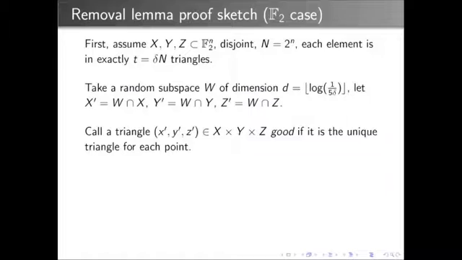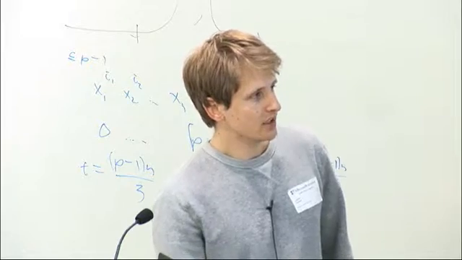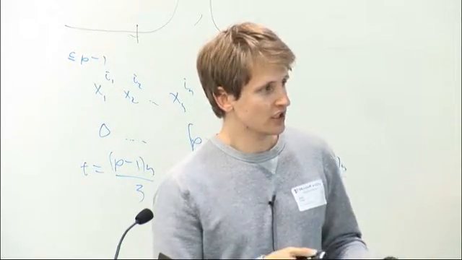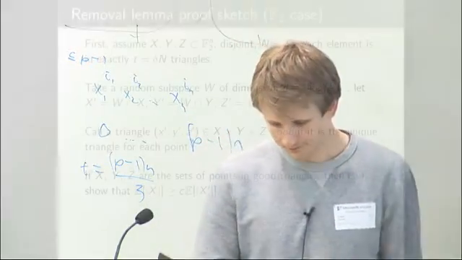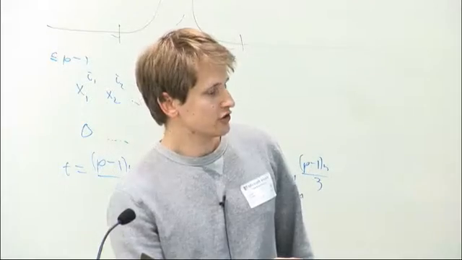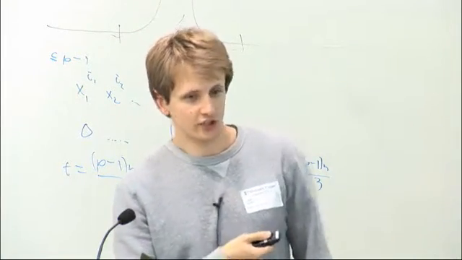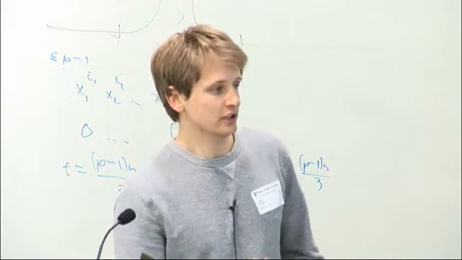And now we call the triangle good. I'm sorry, that should be x prime, y prime, z prime. If it is the unique triangle once we intersect with this subspace for each of these 3 points. And now we further define x tilde, y tilde, z tilde as subsets of x prime, y prime, z prime, the set of points that are in good triangles.